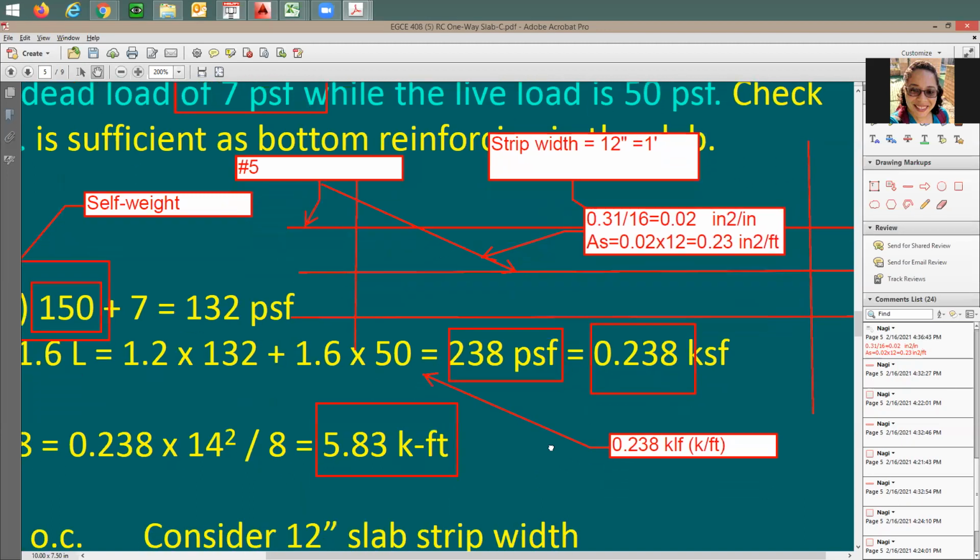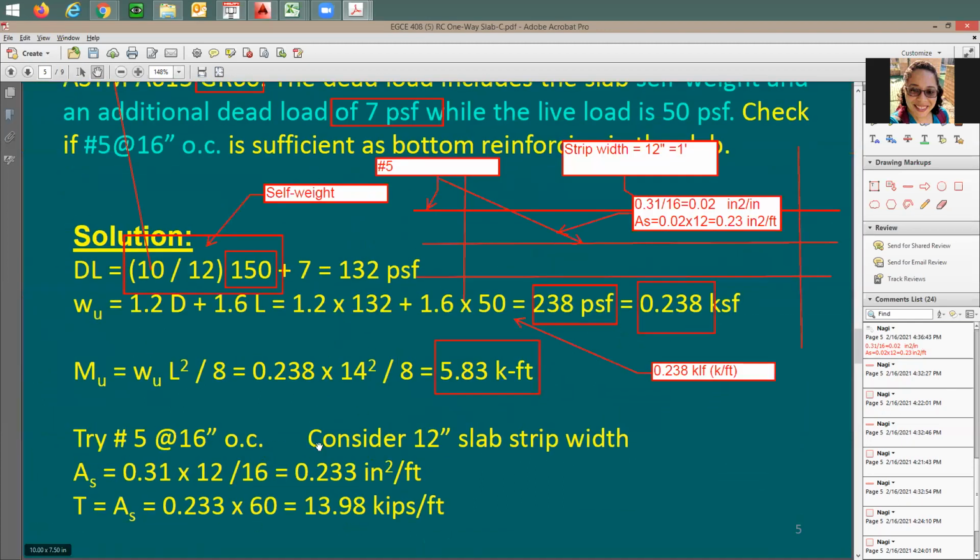Let me repeat this here. Take this 0.31, divide by 16. What is 0.31? 0.31 is going to be AB for number 5. What's 16 inch? The spacing. You're going to say here rebar spacing, so let me point at it and say rebar spacing. What is this 12 inch?